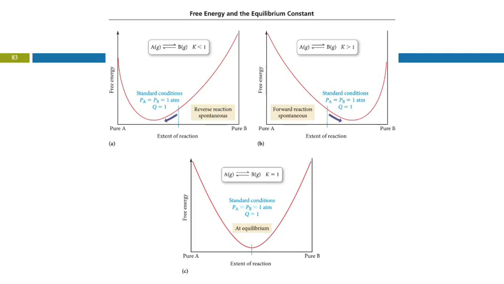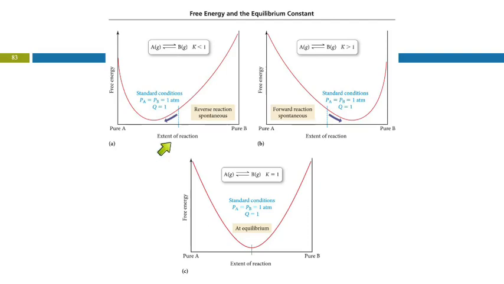So here we've got some more pictures. Here we have an equilibrium between two gases, and K is less than 1. So K less than 1 says that the extent of this reaction will be small. It'll be mostly reactants rather than favoring the products.